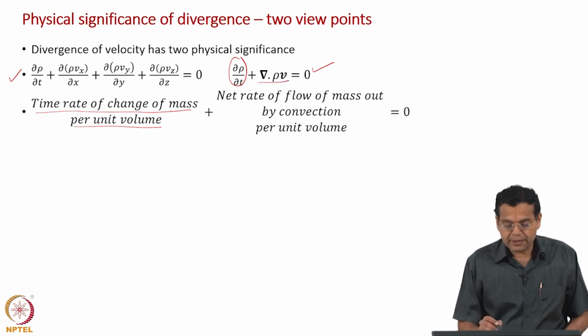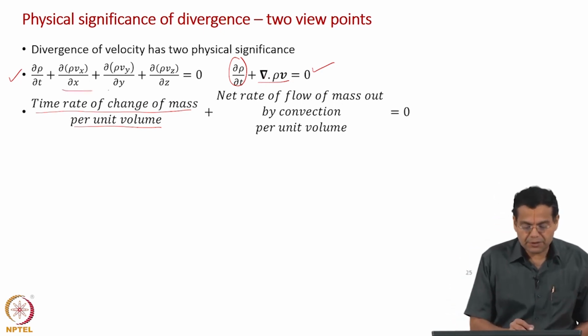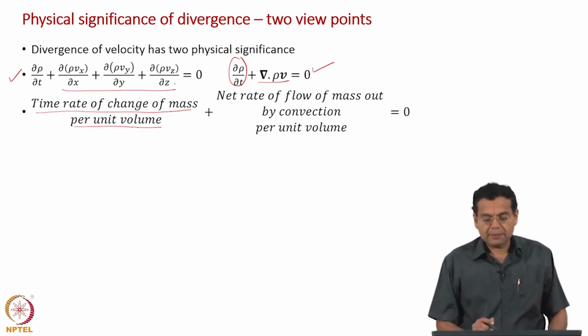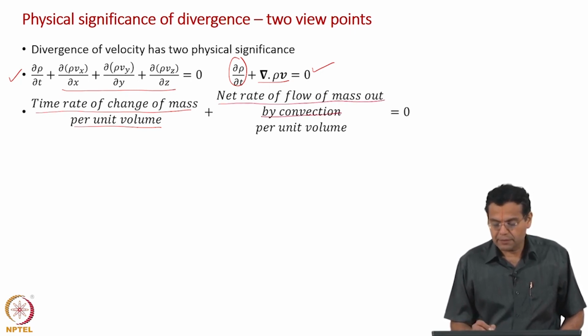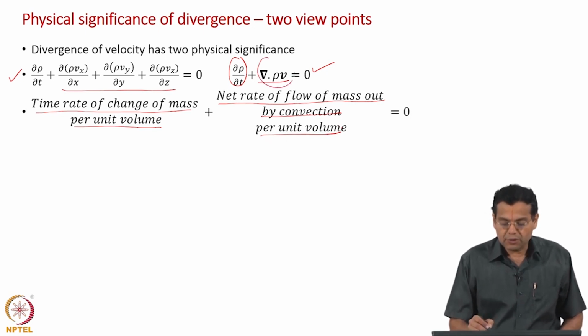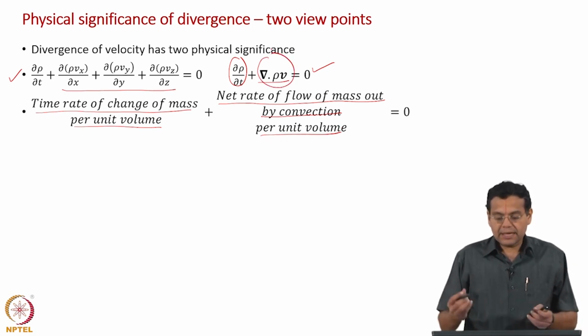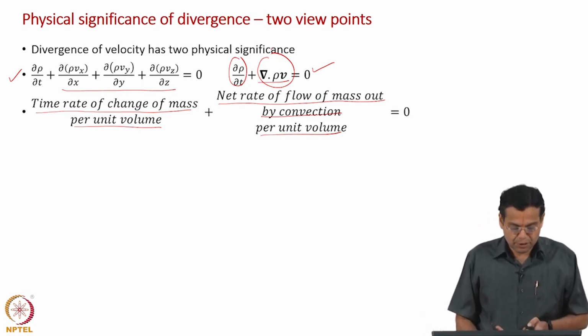The second term, either vectorially as divergence of rho v vector or sum of these three terms, represents net rate of flow of mass out by convection per unit volume. Okay. So, divergence of rho v vector represents net rate at which mass flows out by convection per unit volume.